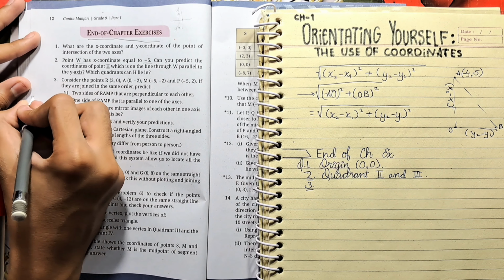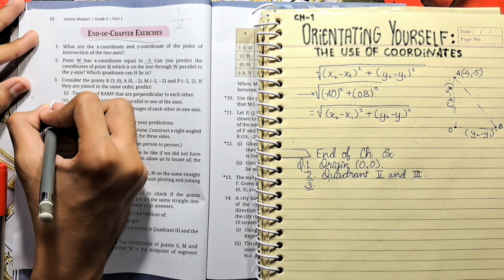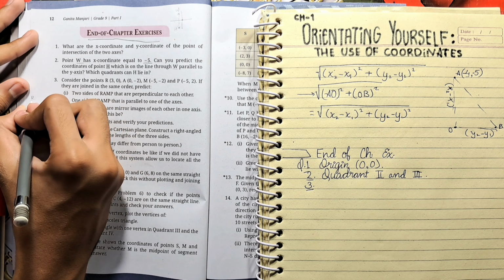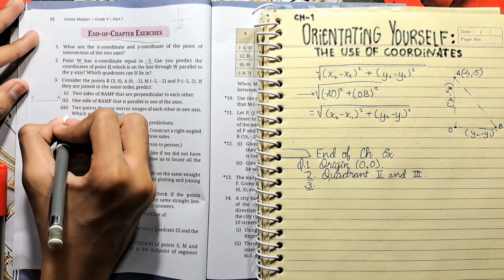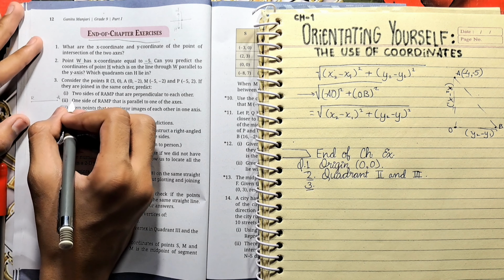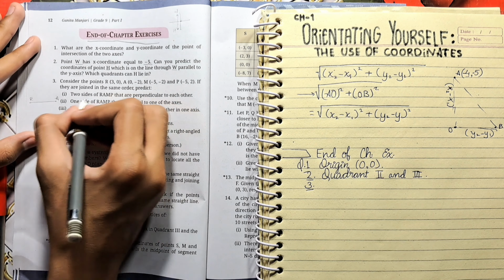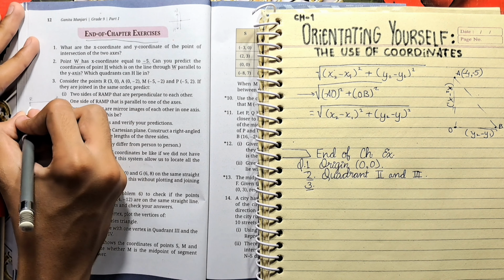So this is R, and from here goes A. A is it? No, not like this.